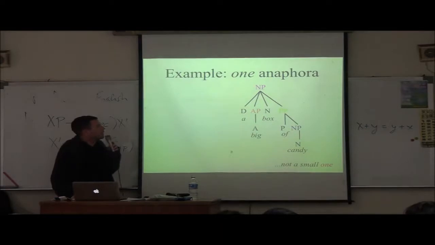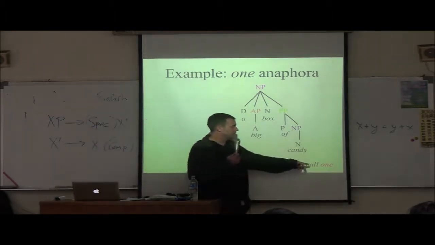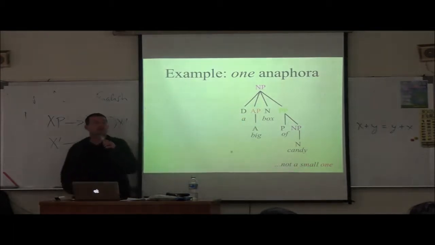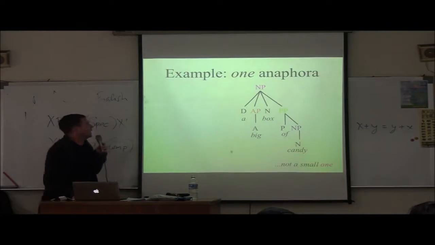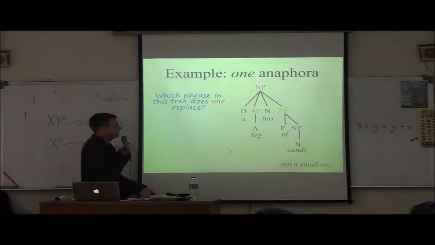So, if a string of words can be replaced by an anaphoric expression, then that string of words must be a constituent. It must be a phrase. Now the question is, which phrase is it? Which phrase is this anaphoric expression replacing?